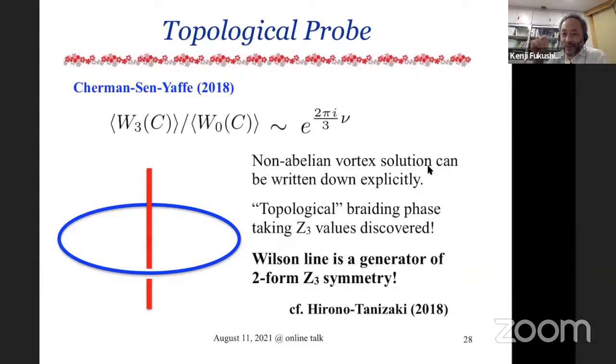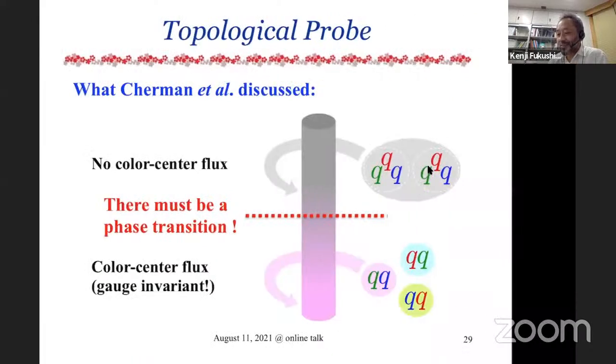If the vortex is placed in the hadronic phase, there is no color flux tube because everything should be confined, so this phase should be trivial in the hadronic phase. This means that if the calculation is correct, you can distinguish the hadronic phase and quark matter by looking at this phase, right? They say there should be an interface between the two phases, and this must be the order parameter.